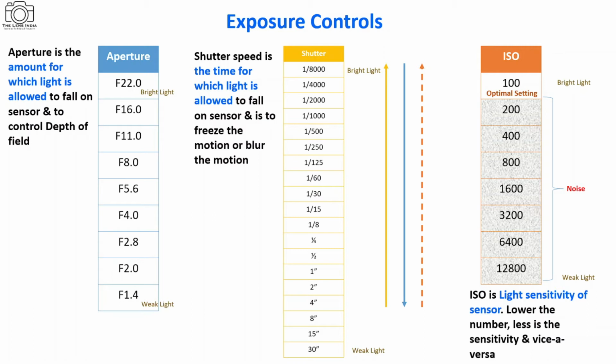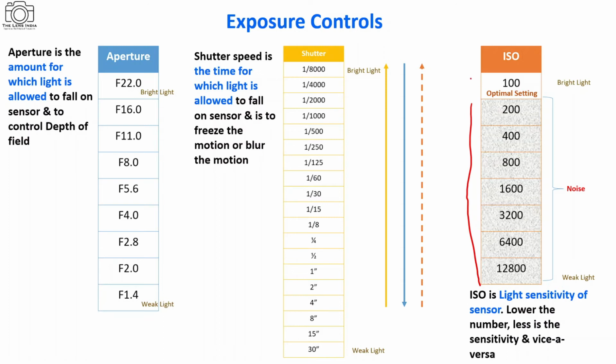But now you will see that I have shown in the figure over here that this part is the shaded part. The moment we start increasing our ISO, it starts deteriorating the quality of the image, and you can see some grains. I have represented some grains over here. We call this noise, and when this noise starts coming into the picture, the quality of the picture deteriorates.